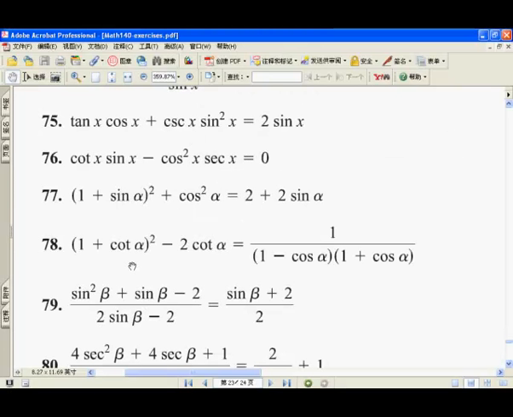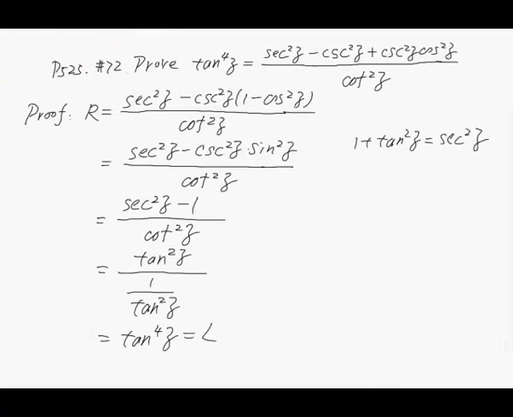Now let's look at the 78. So it's on page 525, problem 78. We need to prove this equation is an identity.